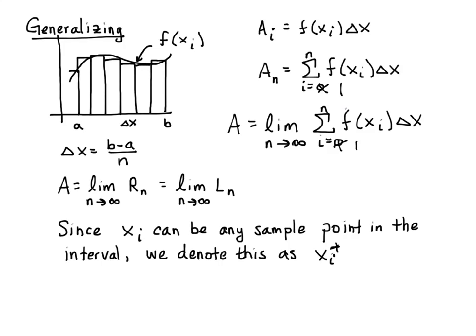As those intervals increase to infinity, that x is going to be the same, right? When I have a very, very narrow rectangle, the left side and the right side for my function are going to be very, very close. When I have infinitely many intervals, these are infinitely narrow, and so these values become the same. So we just denote this as x sub i star.